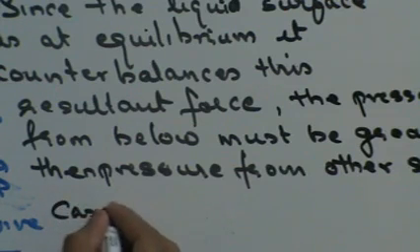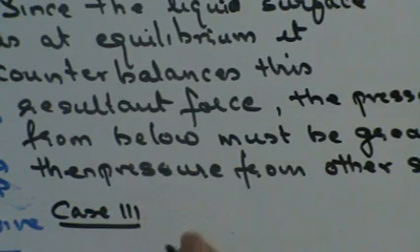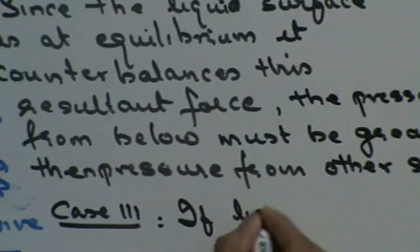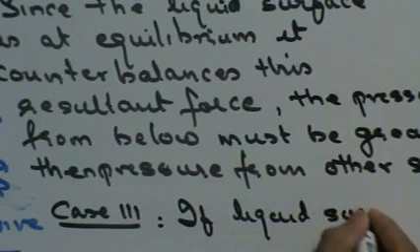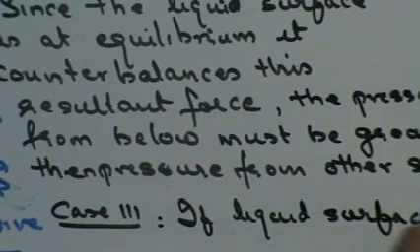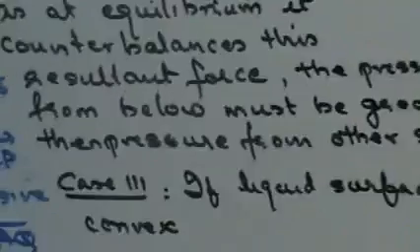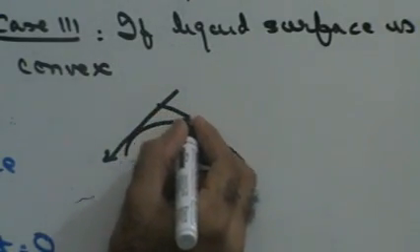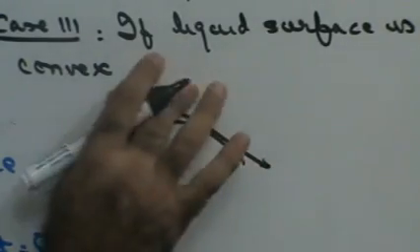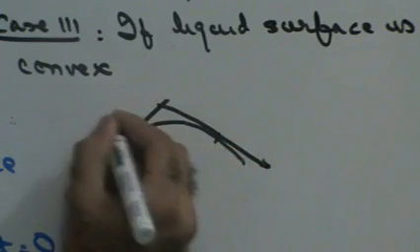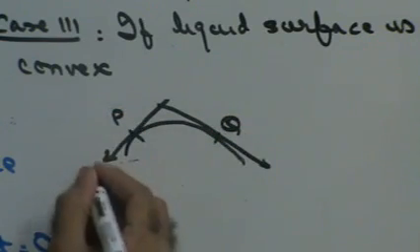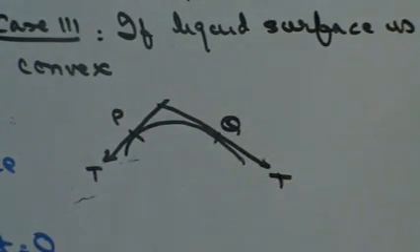Case 3. If the liquid surface is convex, there are two forces acting on it. One force is acting vertically downwards, and you have another force tangentially acting on section PQ, also downwards, right?